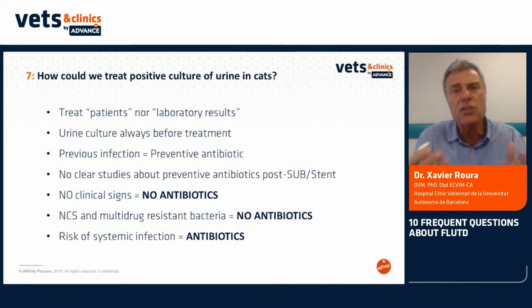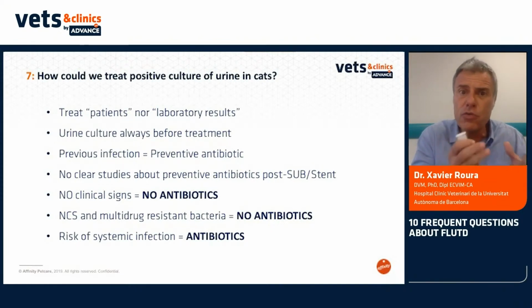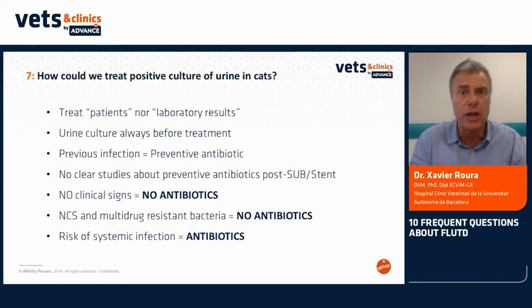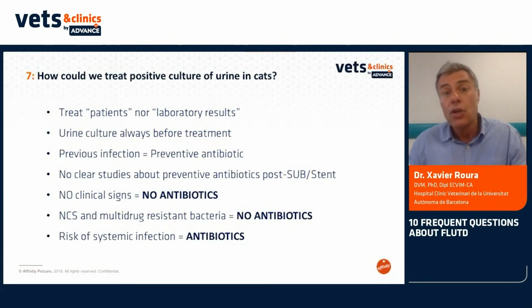This does not mean use of antibiotics. It just means that we found a bacteria in the urine. So we need to treat the patient, the cat. The cat needs treatment because it has this infection in the urinary tract. Sometimes yes, sometimes no. So this is one of the first important points that these guidelines point out.